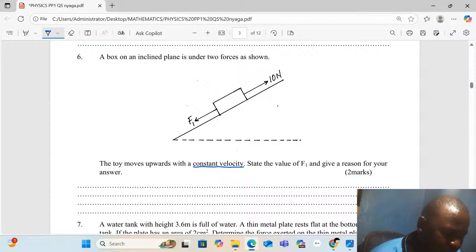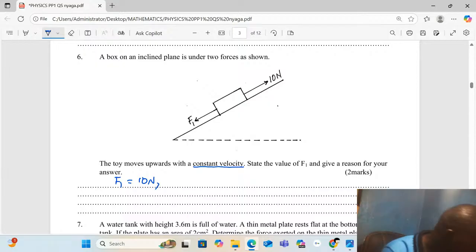If you look at this one, the body is not accelerating, but the velocity is constant. No increase, no decrease. Therefore, if we equalize the two forces, the 10 newtons and F1, then we shall be correct. Therefore, F1 is the same as 10 newtons.